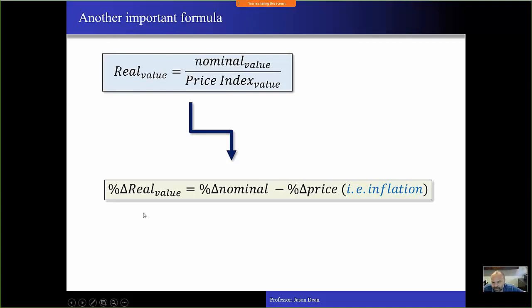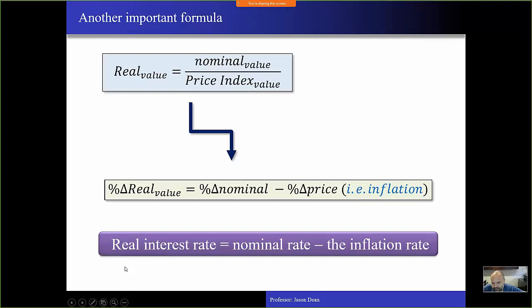So the percentage change in the real value of something is just equal to the percentage change in the nominal minus the percentage change in price. For example, if we're talking about GDP, the percentage change in real GDP would be equal to the percentage change in nominal GDP minus the percentage change in price, which is inflation.